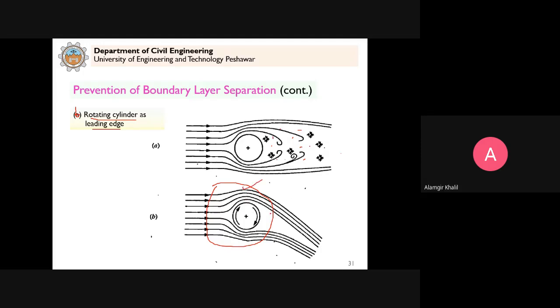But then this rotation gives us another important phenomenon which is known as the Magnus effect. So what is the Magnus effect? Just like we discussed the lift force concept, when we have an object which is rotating in the fluid, you see here on this side the streamlines very close to each other, which means that the velocity is more. So consequently, the pressure will be decreasing.